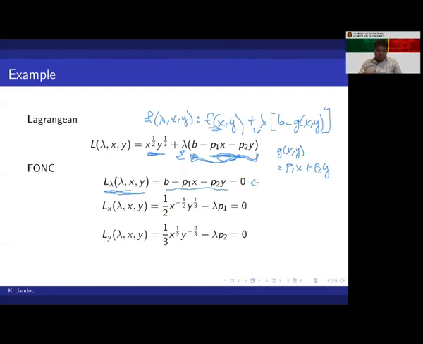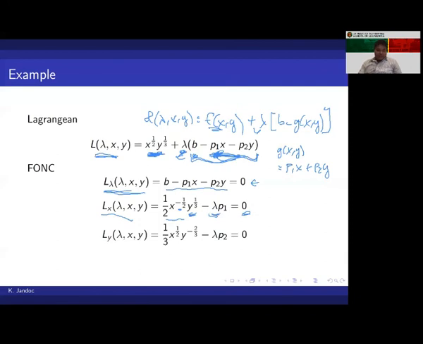And then the derivative of the Lagrangian with respect to x: you have x here and x here. So here we have 1/2 x, then 1/2 minus 1 in the exponent, so it's x to the negative 1/2. Treat y as constant, so y raised to 1/3 is still there. And you have x over here, so this derivative is negative p1 times lambda, equal to negative lambda p1. Then you equate it to 0.